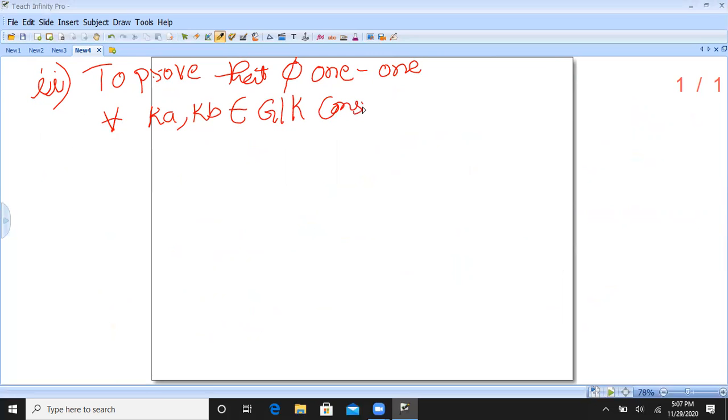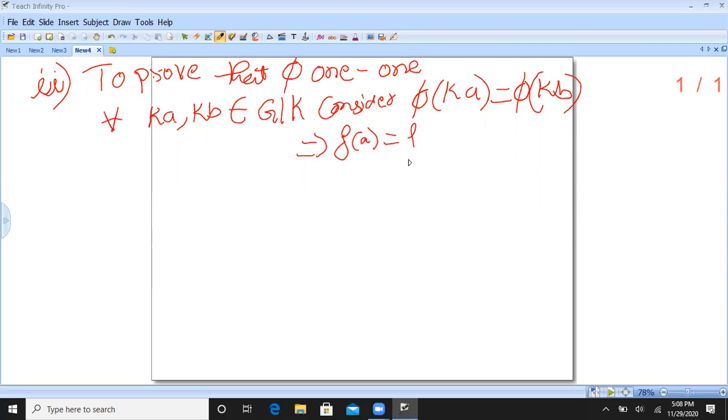Considering phi of ka is equal to phi of kb, it implies f of a is equal to f of b. In the first proof we have seen that phi of ka can be written as f of a.